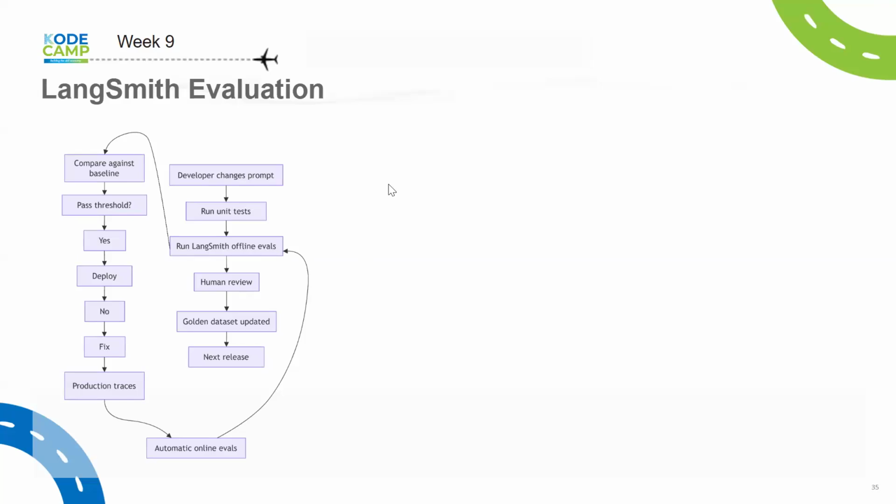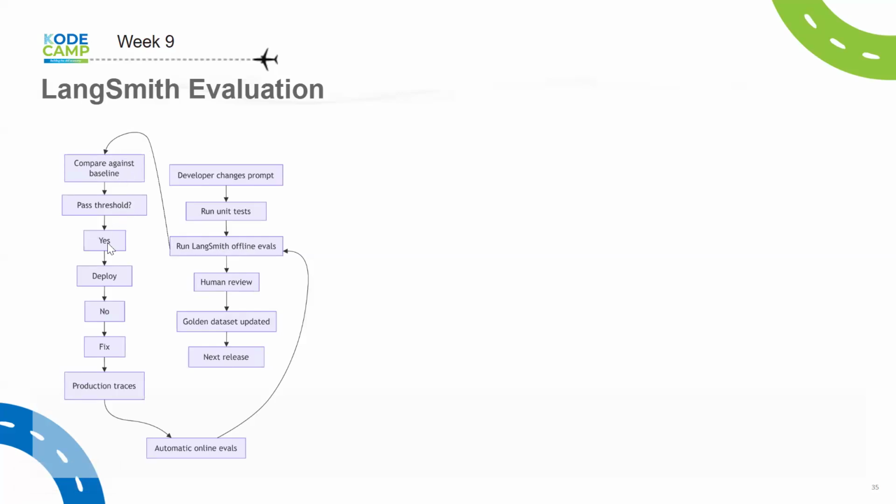First of all, everything I just said: if something changes, you run unit tests, then you can run Langsmith offline evals, then do human review, and then you update the golden data set, and then you have the next release. But apart from human review, you can also break off and compare against a baseline based on previous metrics or a baseline that you have already established.